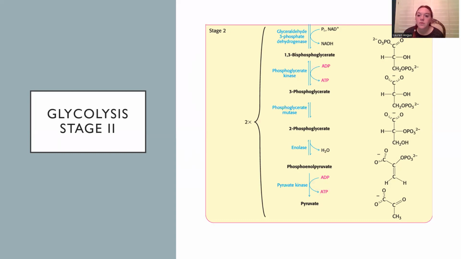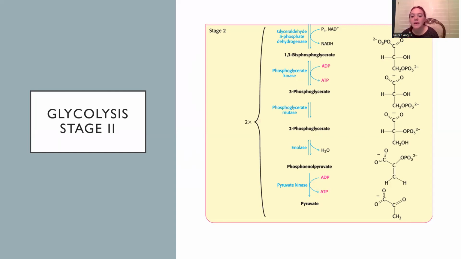And then you can see in the 1,3-bisphosphoglycerate to the 3-phosphoglycerate, through the enzyme phosphoglycerate kinase, you take an ADP molecule and it'll turn into ATP.